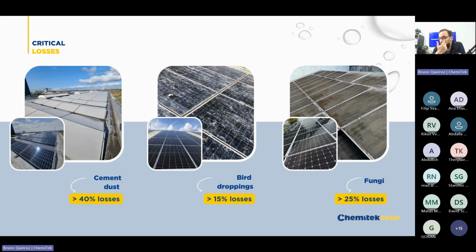It's the example in the image. This is in a distillery where you can see the black fungi almost completely blocking the light from the panels. But once again, with proper, specialized cleaning, they can get back to their initial shape, to 100% production.